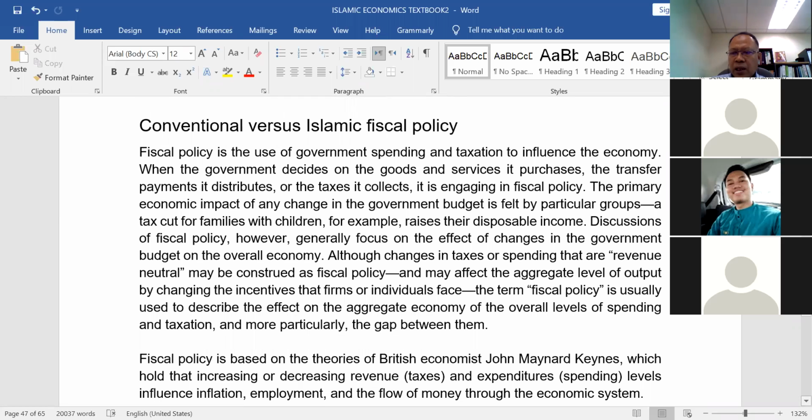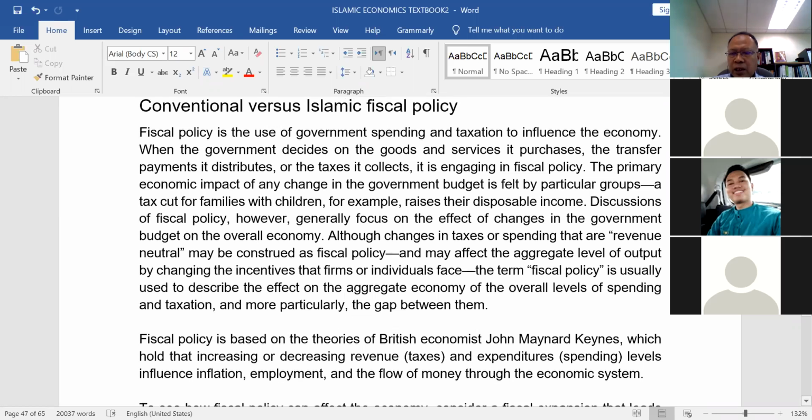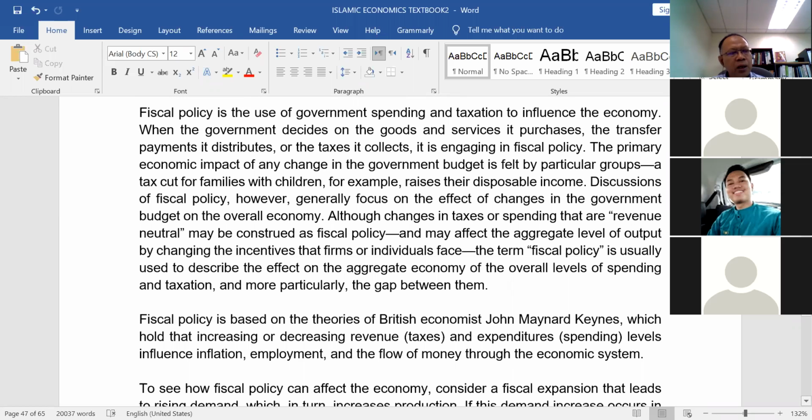So bila kerajaan melaksanakan dasar tertentu seperti meningkatkan perbelanjaan kerajaan, dia akan mempengaruhi disposable income, dia akan mempengaruhi wang dalam poket kita. Kalau kerajaan melaksanakan dasar untuk meningkatkan bayaran pindahan bagi bantuan kepada golongan tertentu, so dia akan mempengaruhi golongan tertentu.